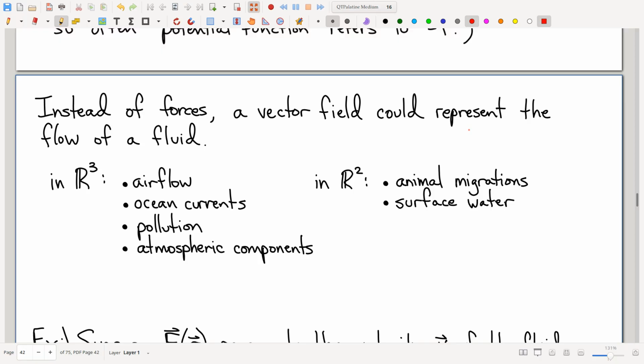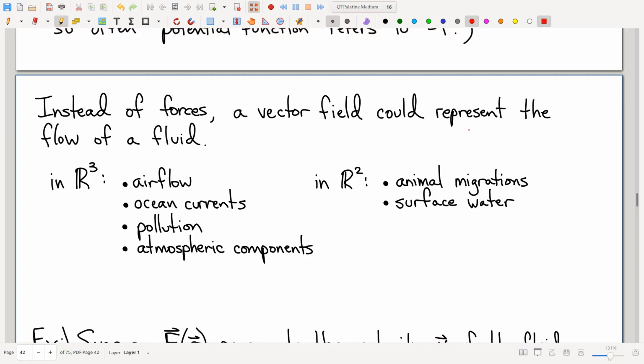Wherever you are, at any point in space in the room, the air has a corresponding velocity. At that point, it's moving with a certain velocity. At some other point over here, it's moving with a different velocity. For every point, there's an associated vector. That's a vector field.